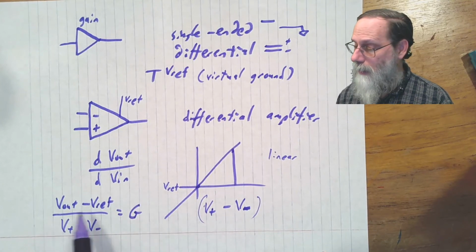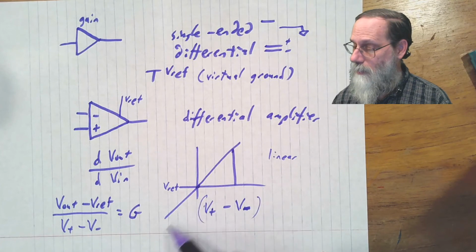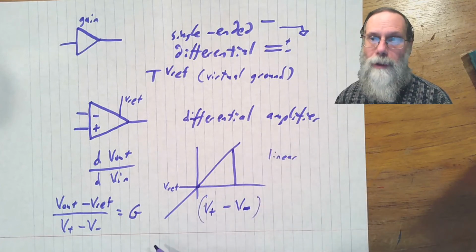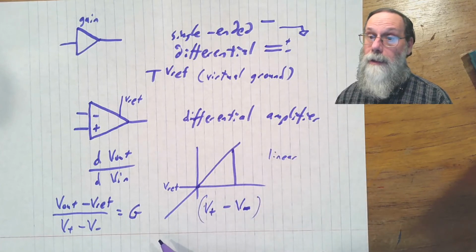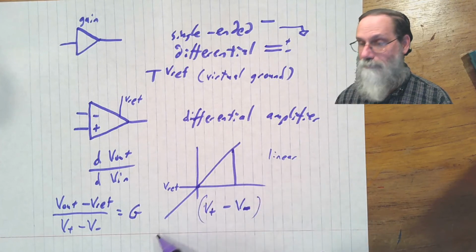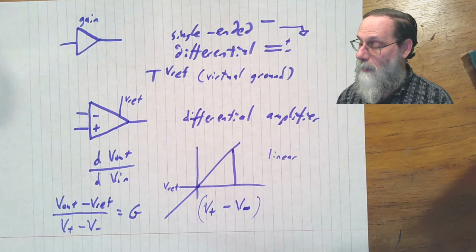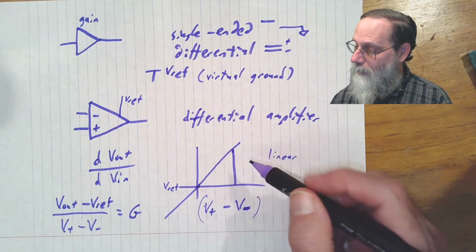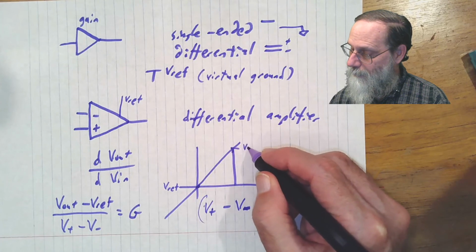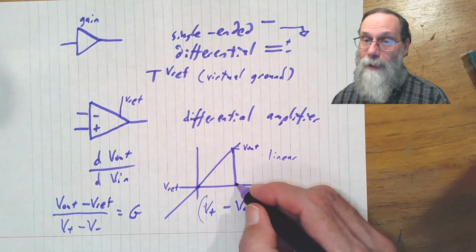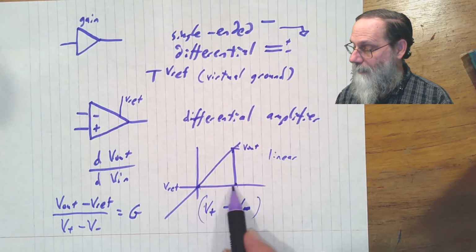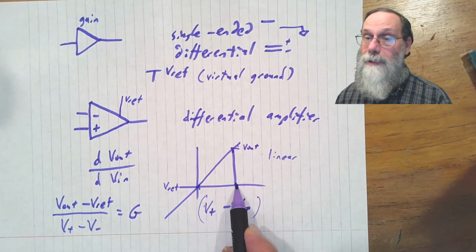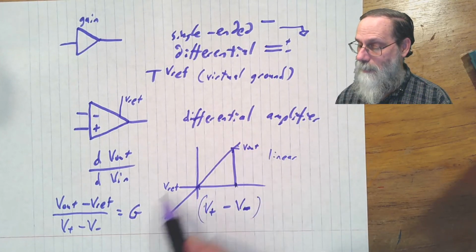And notice that here I'm not using derivatives. That's because I'm assuming that the amplifier is a nice straight line. The output is always going to have the same slope here, and so if you just take Vout minus Vref, that's how far up we are here. This is Vout, so Vout minus Vref divided by the difference between V plus and V minus is going to give us the slope.